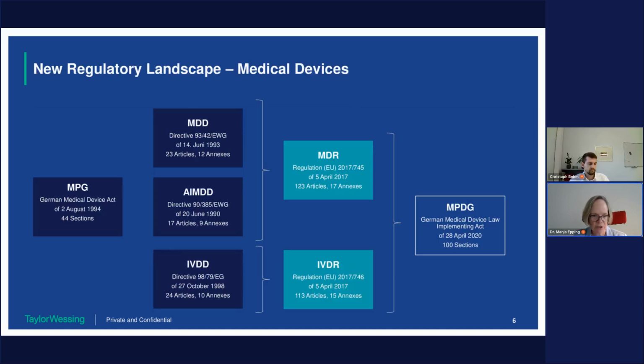So then I would like to give you a short overview of the regulatory landscape of medical devices. First of all, in 1994, we started with a German act, the Medizinproduktegesetz, that was based on three different European directives: the Medical Devices Directive, the Active Implantable Medical Devices Directive, and the In Vitro Devices Directive.